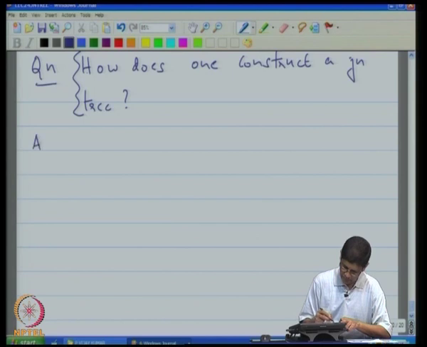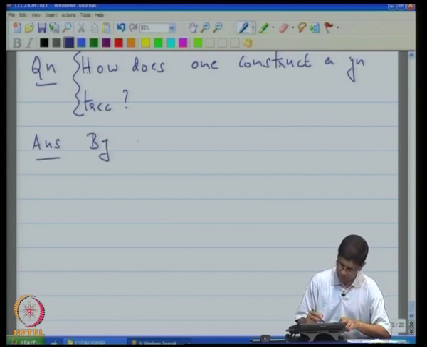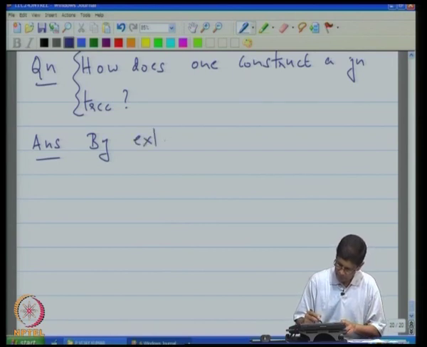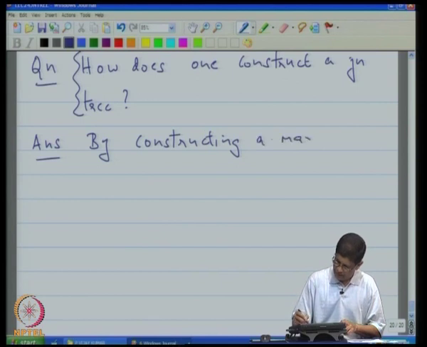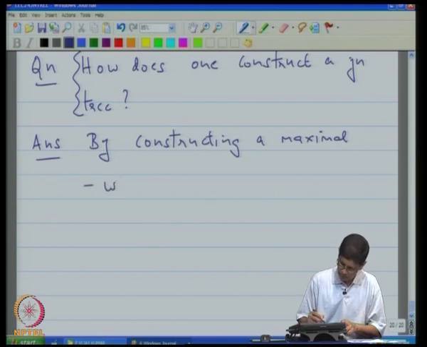Answer: by constructing a maximal weight spanning tree.